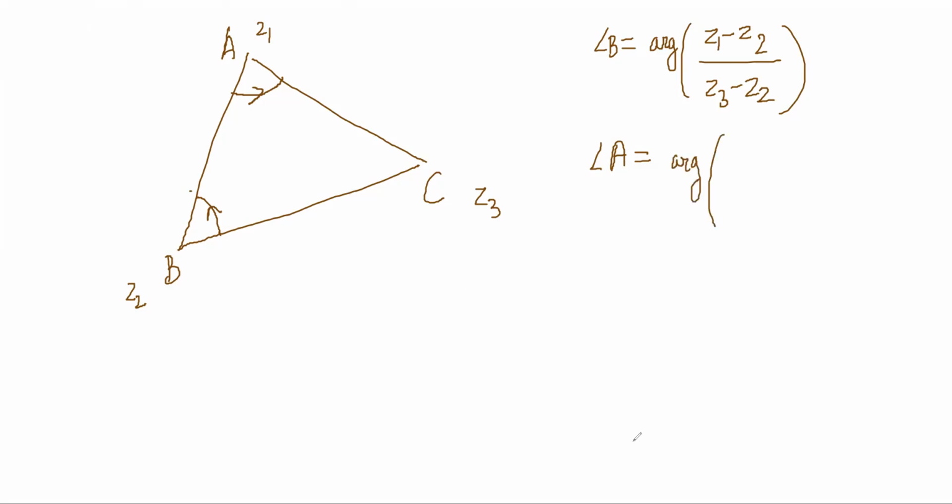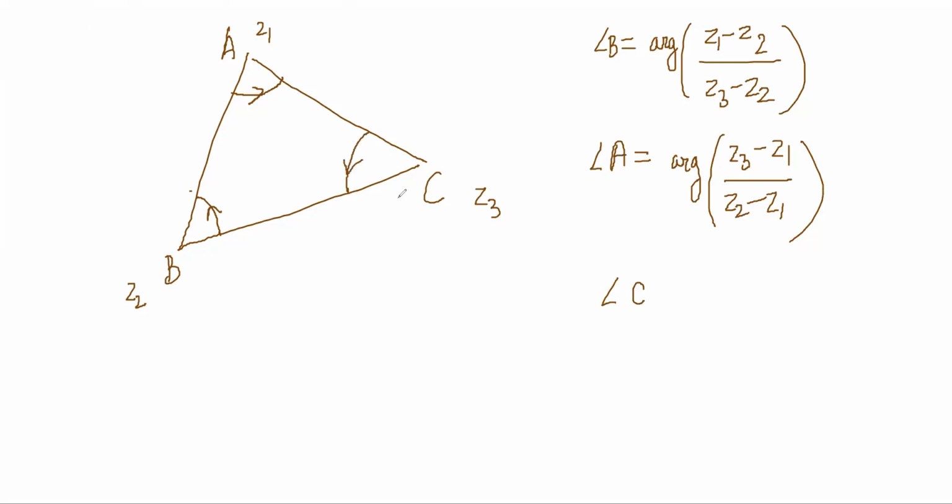So the more anti-clockwise side is this side, so Z3 minus Z1 by the less anti-clockwise side, this one, Z2 minus Z1, right?